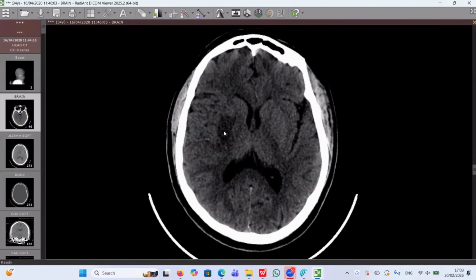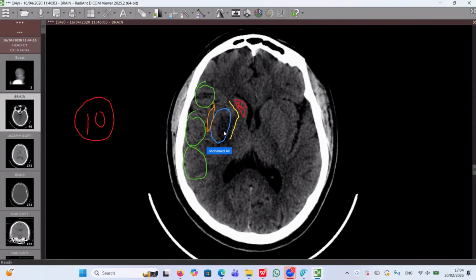Simply, we give 10 points for the middle cerebral artery territory. We give the caudate nucleus 1 point, the internal capsule another point, the basal ganglia another point, and the insula another point. And then we give M1, M2, M3.